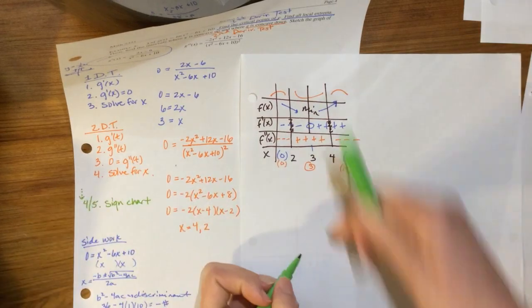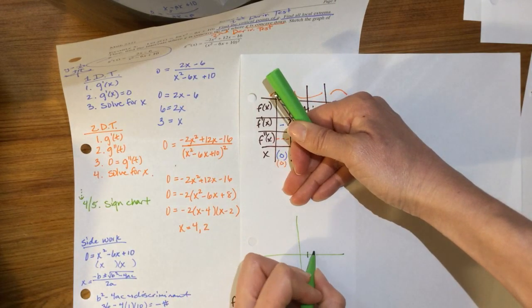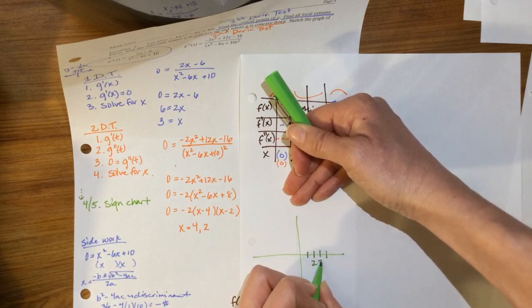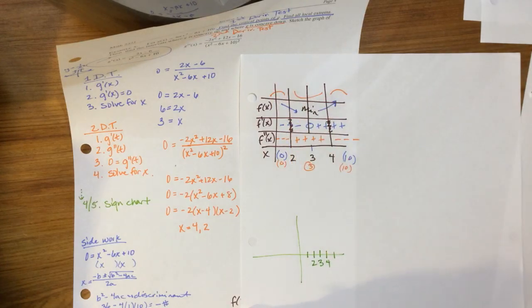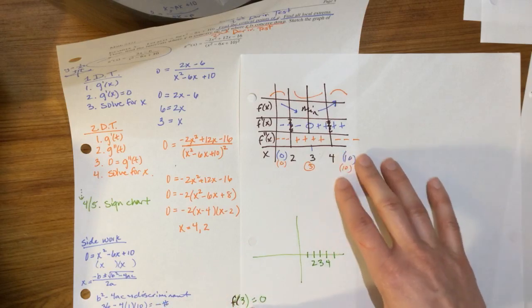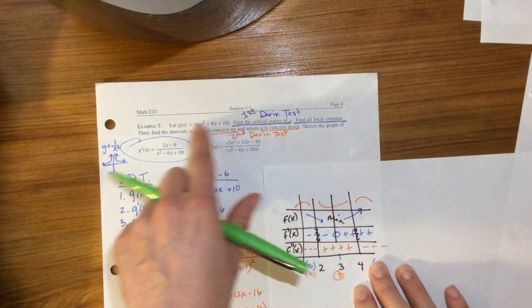So, let's see. Y-axis, x-axis, 1, 2, 3, 4. So I've got 2, 3, 4, maybe 5 for good measure. Here, if I have f of 3, I've already found that out. That's 0, just by plugging 3 into the original equation.